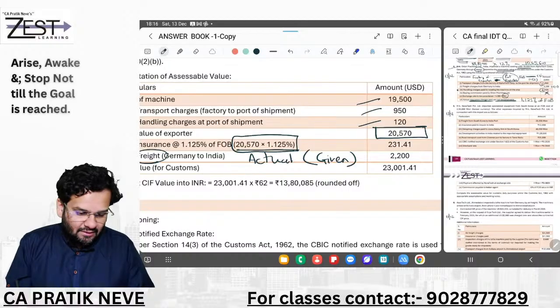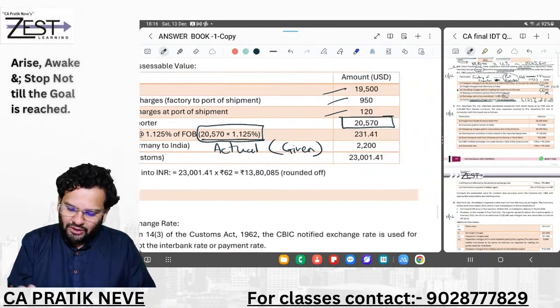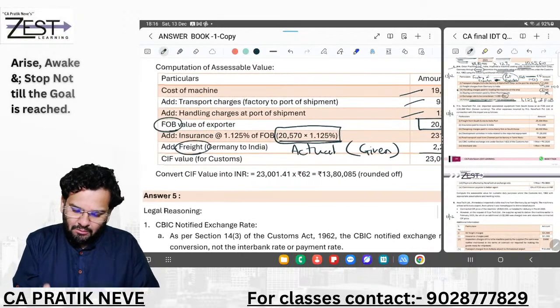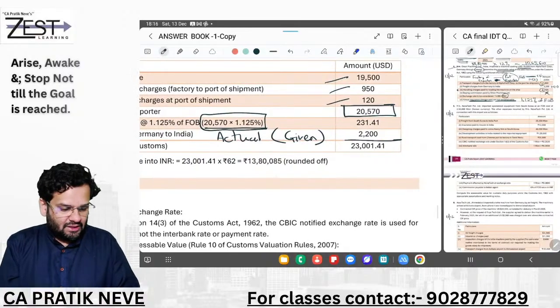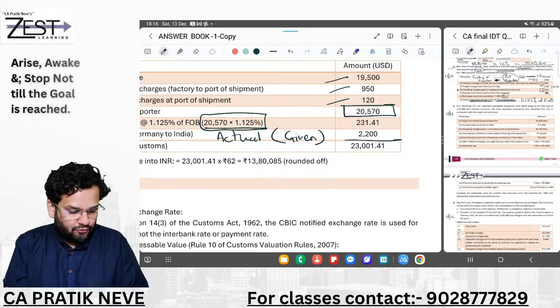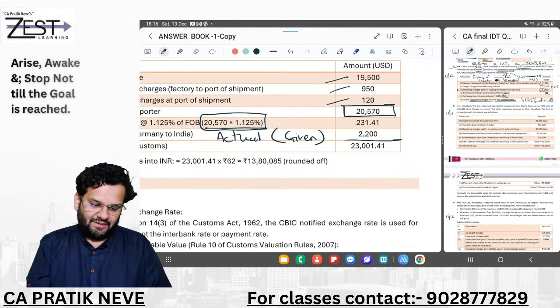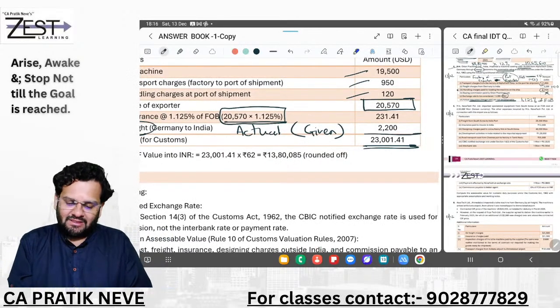So 231.41. So you are going to get CIF value, but in terms of US dollars. So 20,570 plus 231.41 plus 2,200, so 23,001.41 is the assessable value.